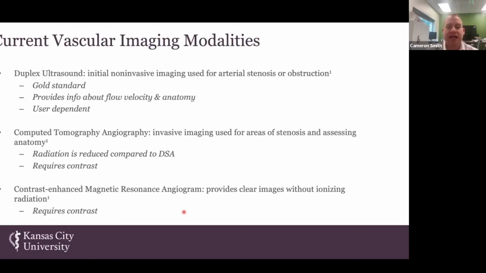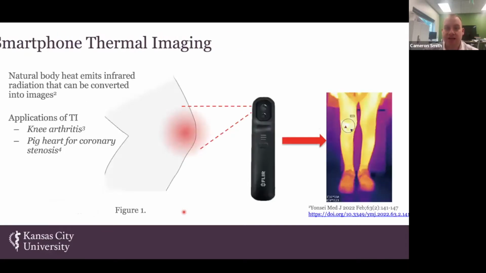The CTA and the MRA are great for looking at broad areas of anatomy and also stenosis. They require contrast for these images. And I just want to introduce my topic of using thermal imaging as a potential imaging modality.